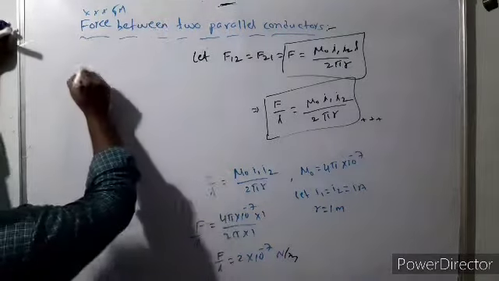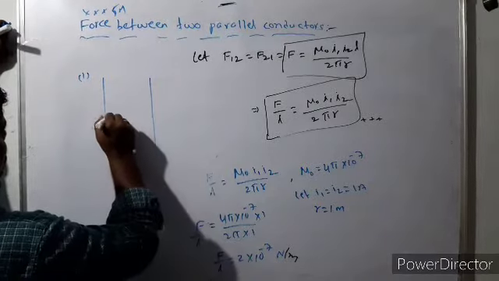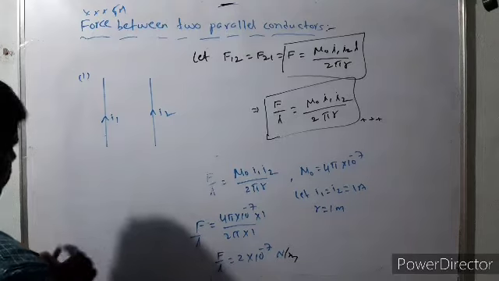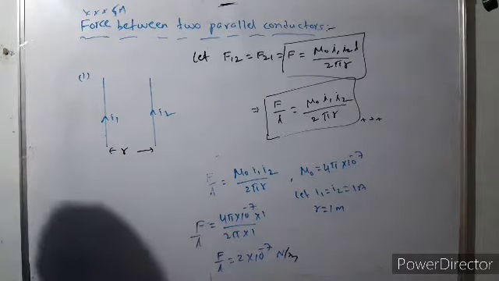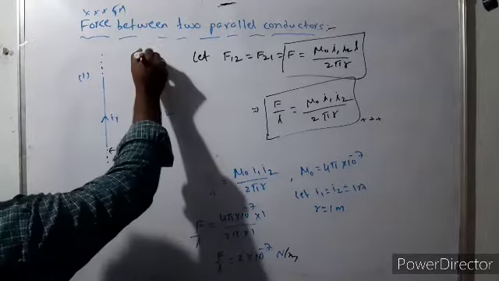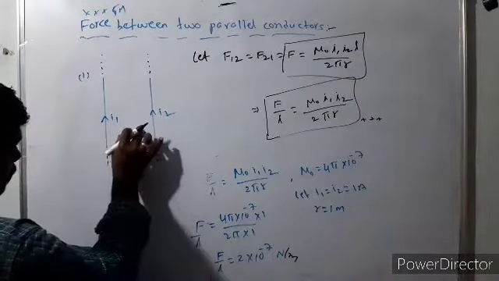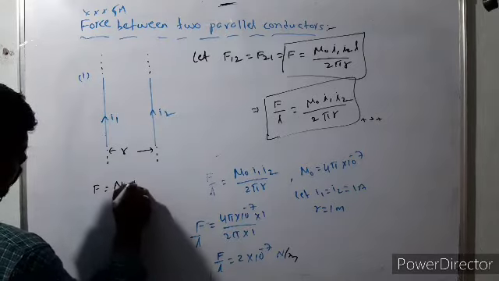So the point is: two straight parallel conductors of infinite length carry currents I1 and I2 amperes, separated by a distance r. First, what is the force between the two conductors?